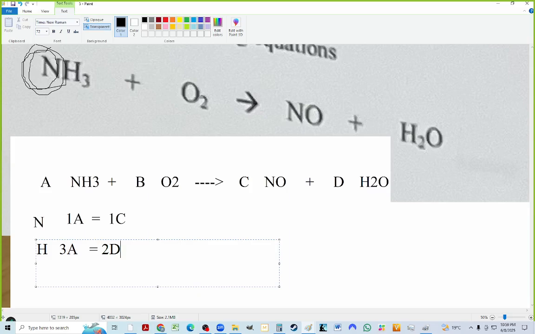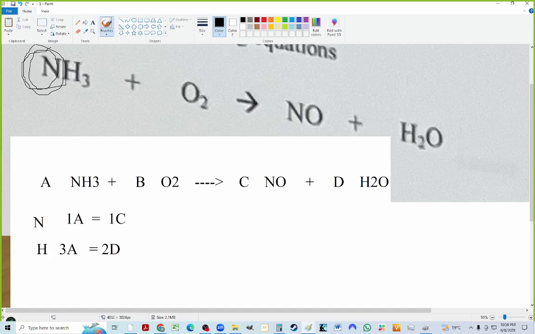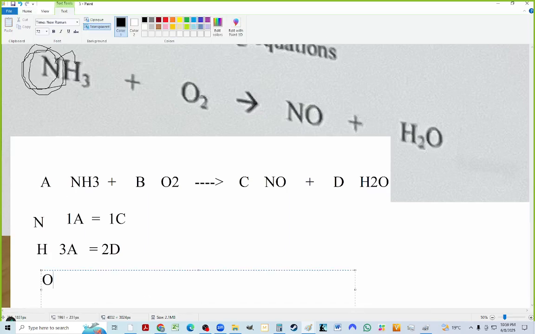What's my next element as I go left to right? For O we have 2B equals 1C plus 1D. And that was our last element.